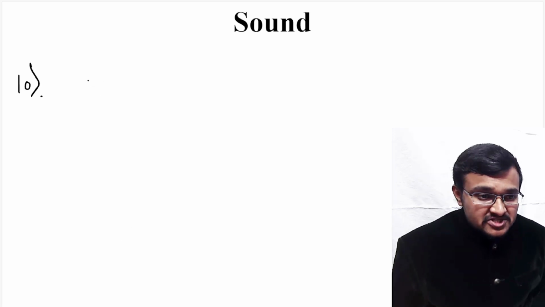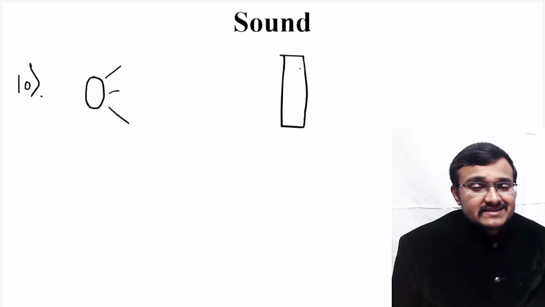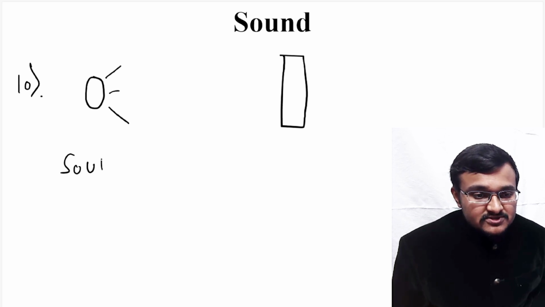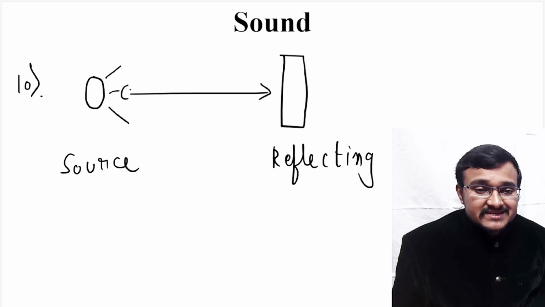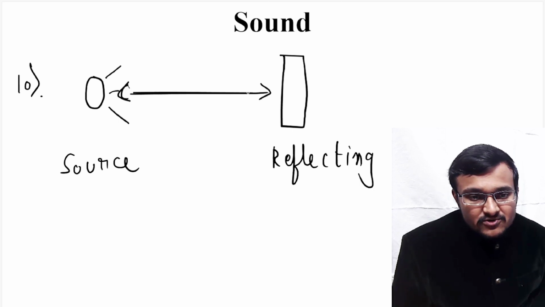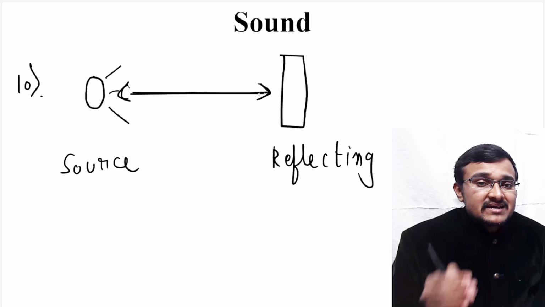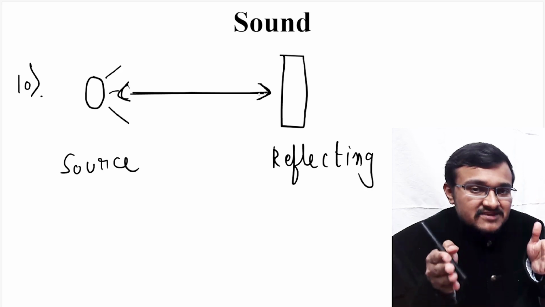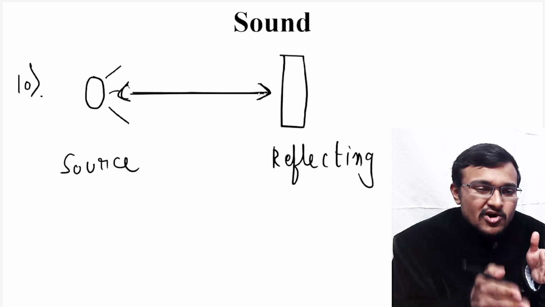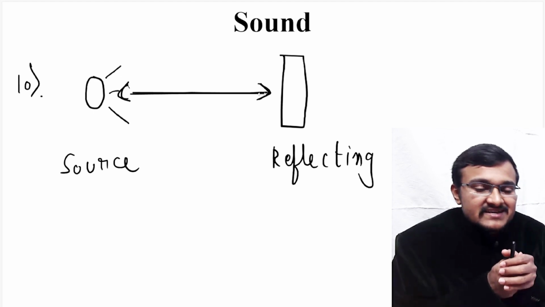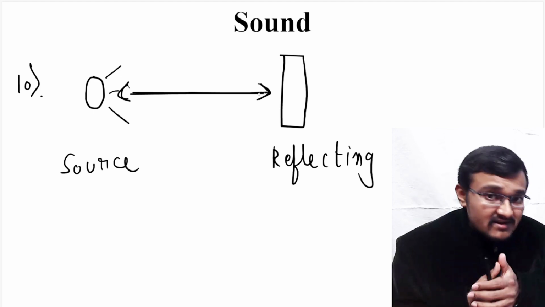Coming to the 10th question, here there is a source of sound and there is a reflecting surface. The distance between the source of sound and the reflecting surface is exactly such that a person standing near the source of sound can hear the echo.